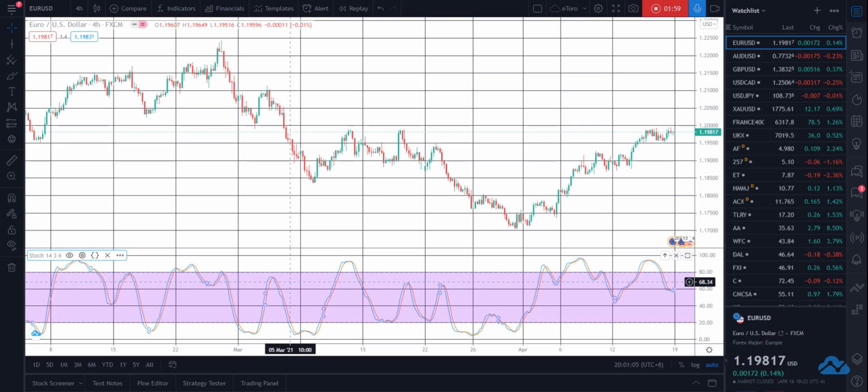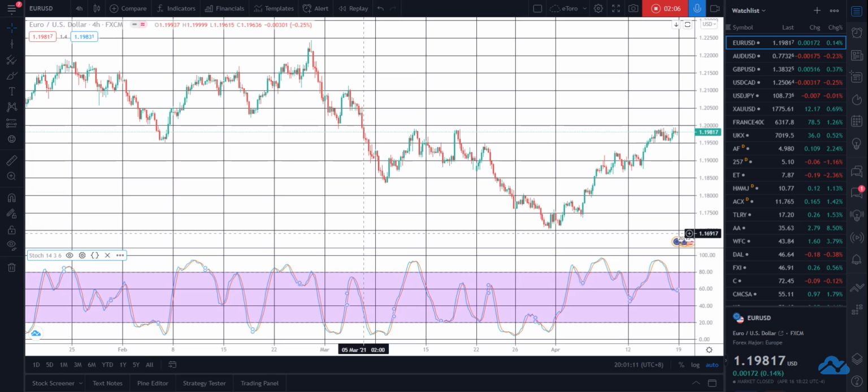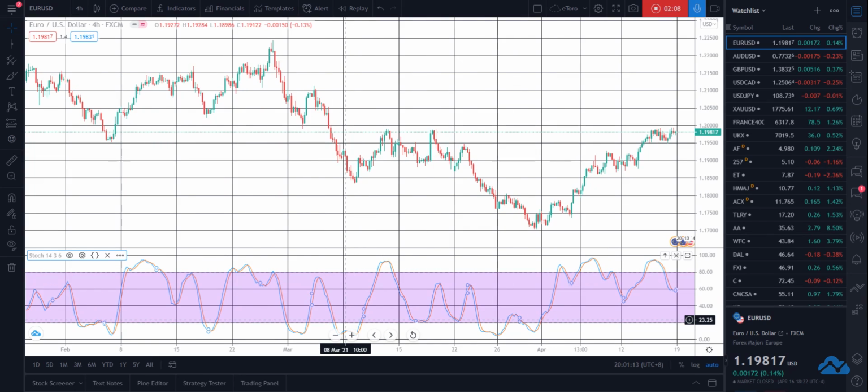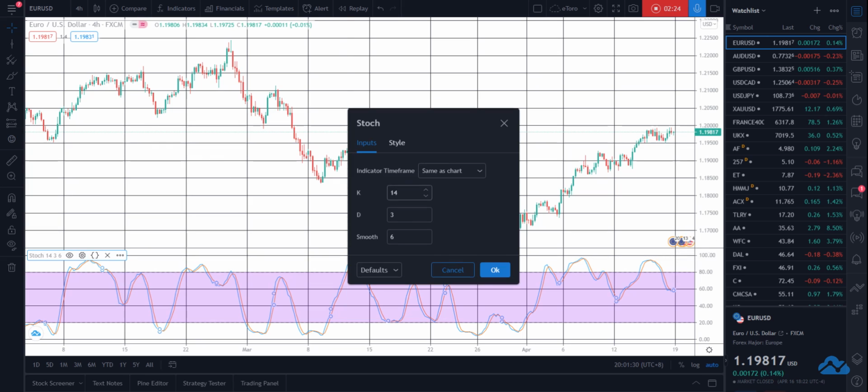By doing that, you might lose some early signals, but anyway, eliminating the false signals is our aim in this setting by increasing up to 6. And also you can change the period and the other ones, K%, D%.